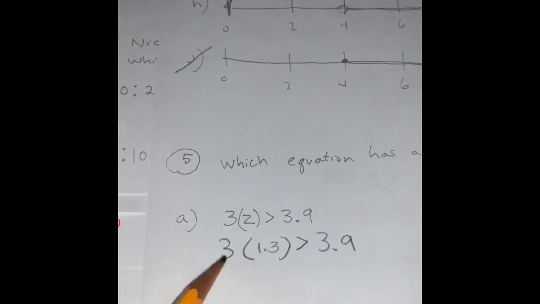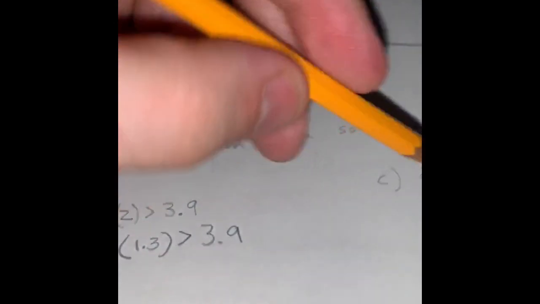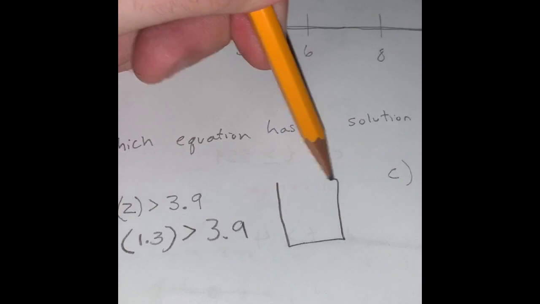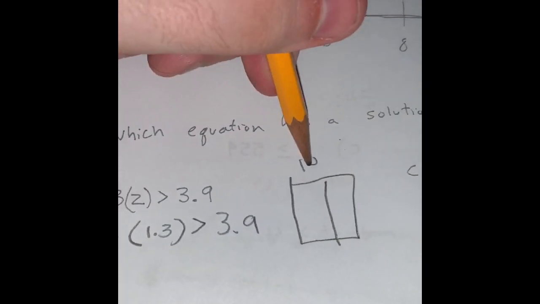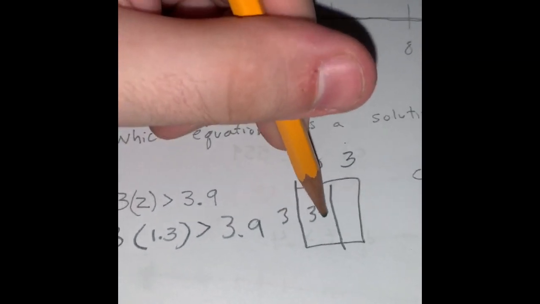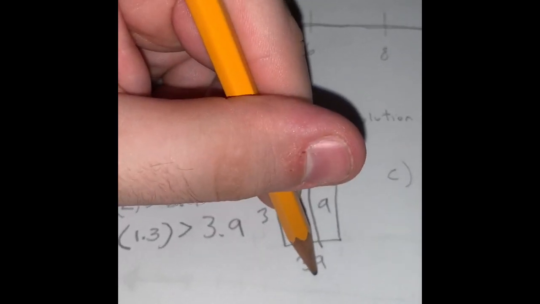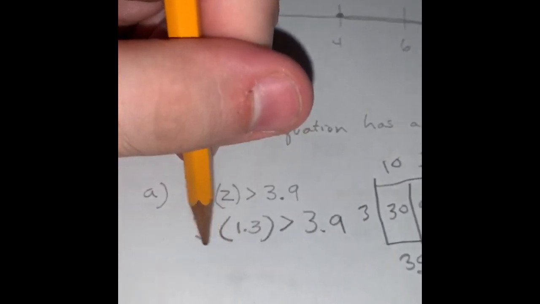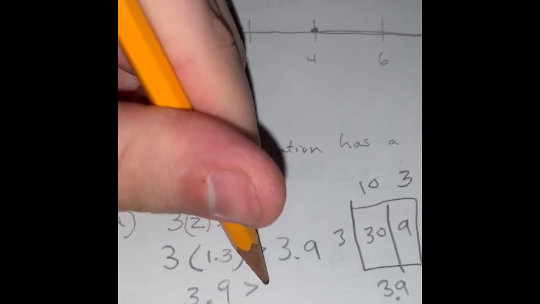So once again, if the numbers are smushed together, that means they're together through multiplication. So I'm going to multiply them out. 1.3 I'm going to write like this, and 3 I'm going to write like this. So I have 39, and then I know that I have one number behind the decimal. So 3 times 1.3 will give me 3.9 is greater than 3.9. And a lot of people would circle this answer.